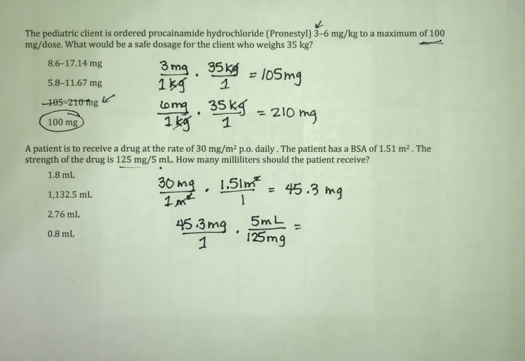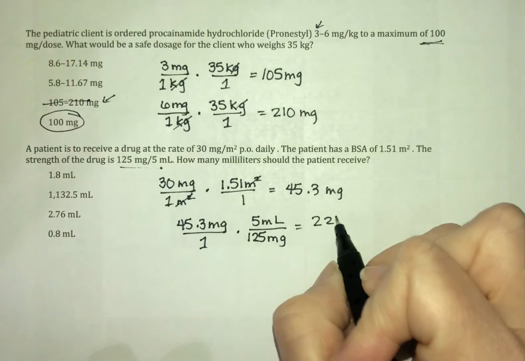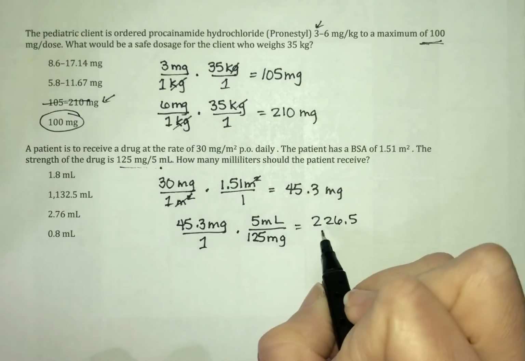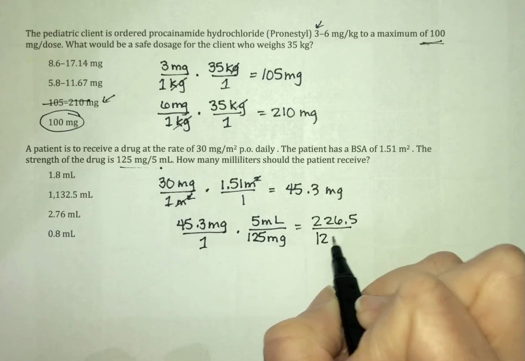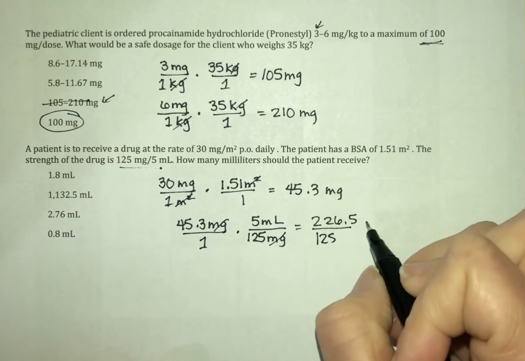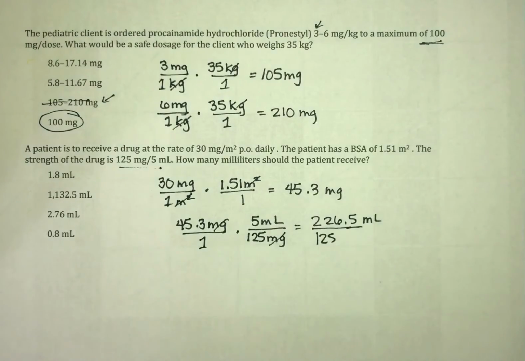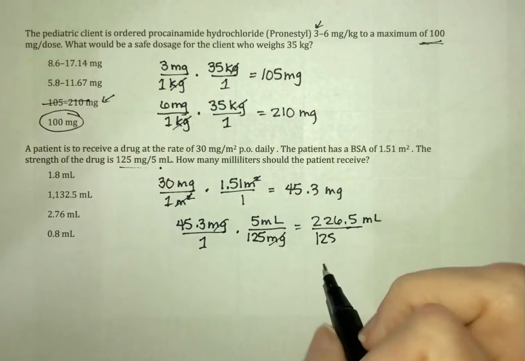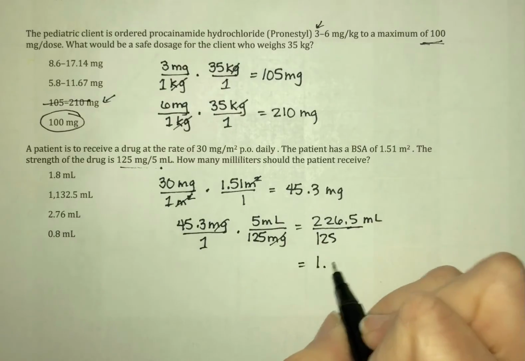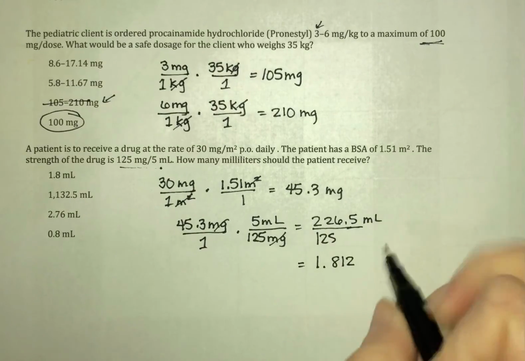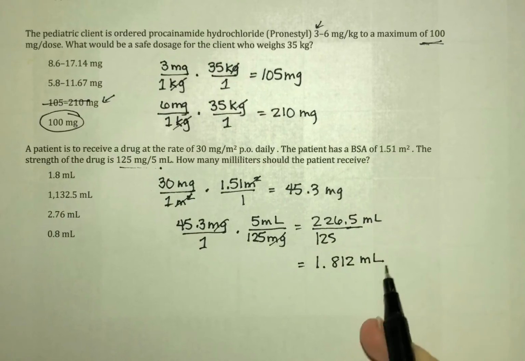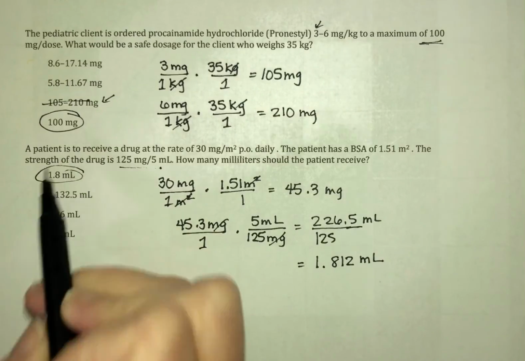Okay, if you multiply across the top, you get 45.3 times 5 is 226.5, and this is over 125. Our milligrams canceled out, so this is milliliters. Now I just need to do that division. Divide that by 125, and I get 1.812 milliliters. It looks like they're rounded, so this should be your answer.